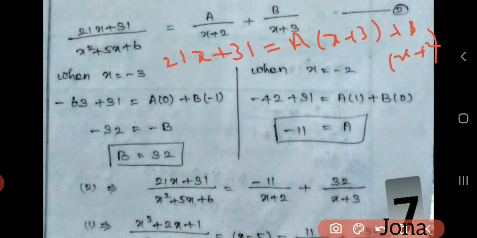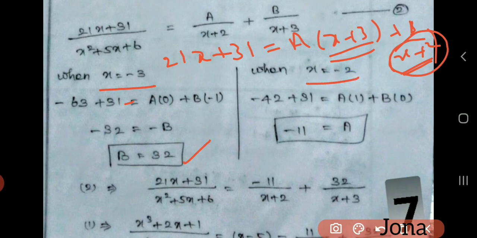In this I want to get the values of A and B now. Let me take this x plus 3 to 0, so that x equal to minus 3. So put x equal to minus 3 here. Therefore, I can simplify, I can get the value of B now. And here x plus 2 is there. Put x plus 2 equal to 0, so that x equal to minus 2. So put x equal to minus 2 in this equation, so that we will get the value of A here.